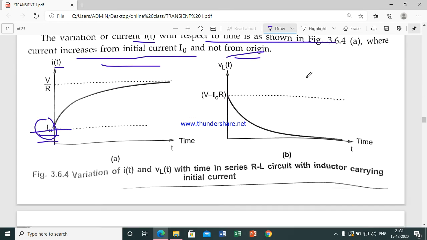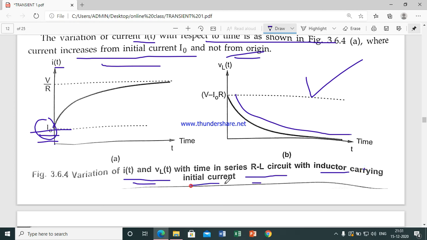Next, VL of t, you can write down this expression. VL of t is decreasing like this. Variation of I of t and VL of t with time in a series RL circuit with the inductor carrying initial current, we'll get this.